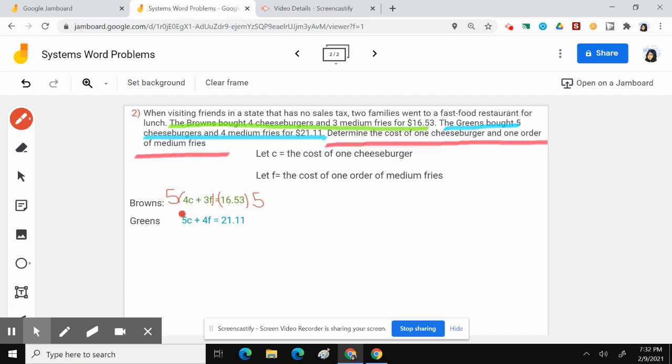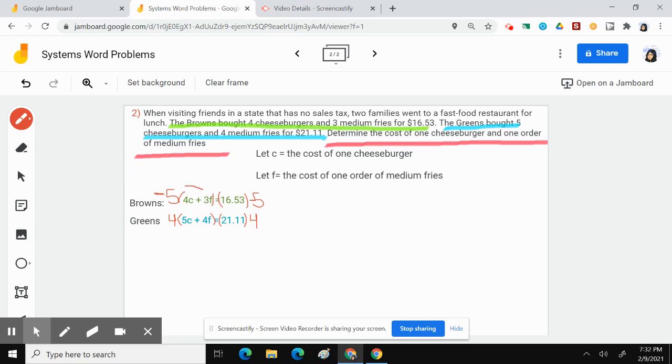If I look at my bottom equation, my 5 is missing a 4. So that's what I'm going to multiply this equation by. But now remember, for something to eliminate, we need opposites, like 3 plus negative 3, negative 7 plus 7. So I need one of these to be negative. I'll just decide to make the 5's negative. Again, it doesn't matter which one you pick.